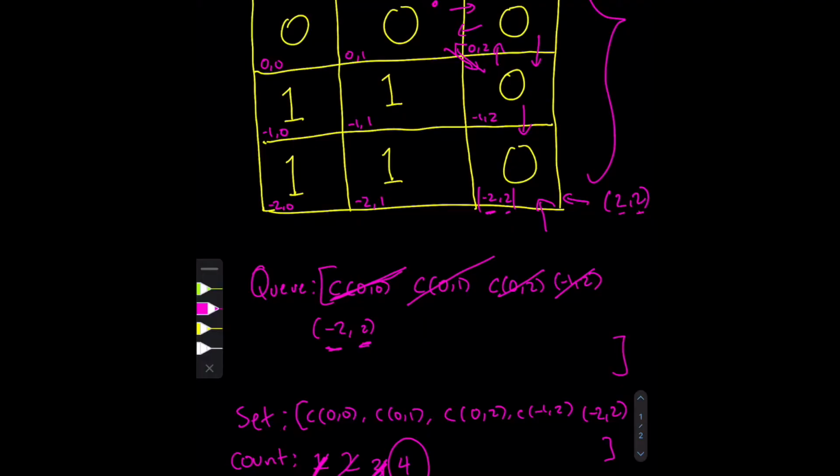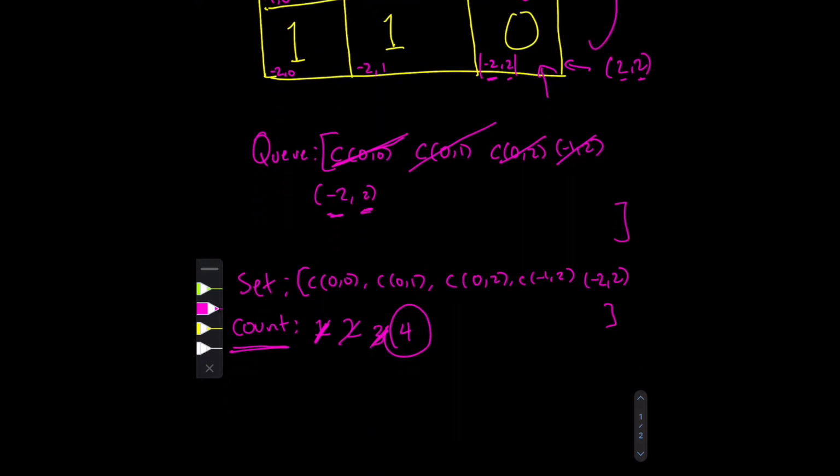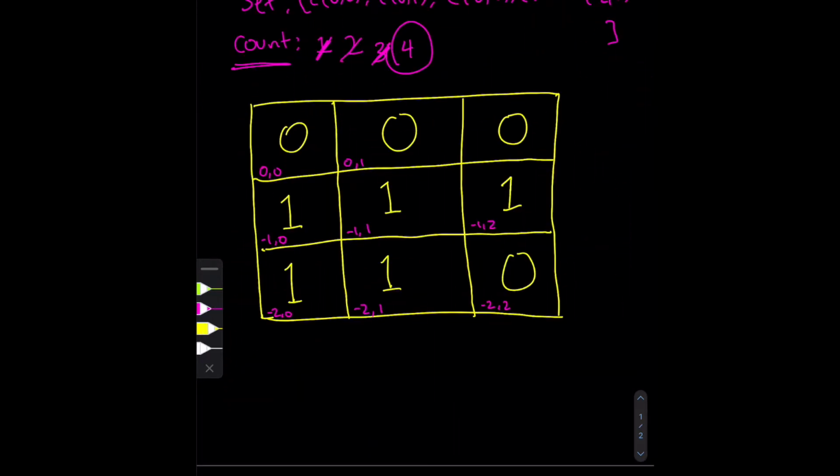So we see that we get 4 here, and that is actually the solution to that problem. If we can't find a proper path in our grid, like let's say we're given this grid right here, we see that if we try to do a BFS on coordinate 0, 0, we'll get this cell, and if we do a BFS on 0, 1, we get that cell. But after we're done here, we can't add any node after that because those cells don't have a value of 0.